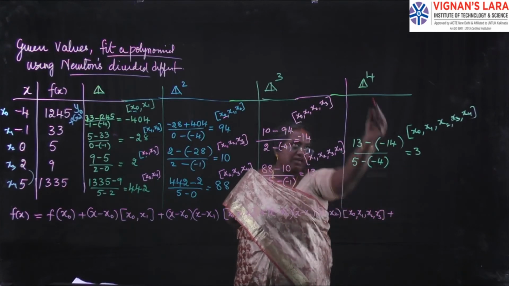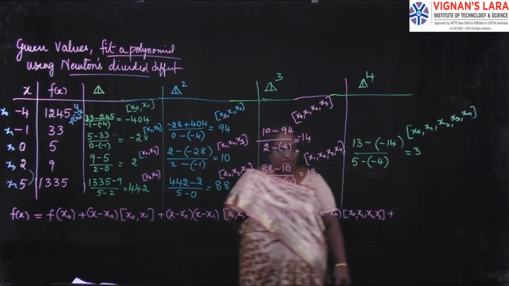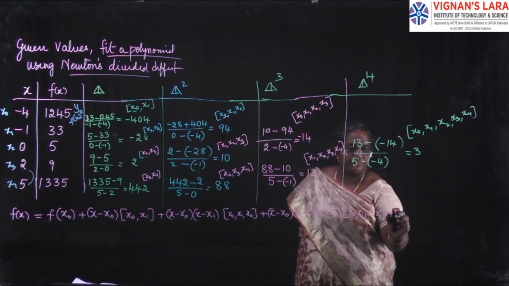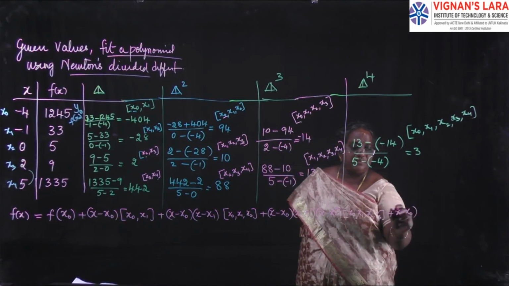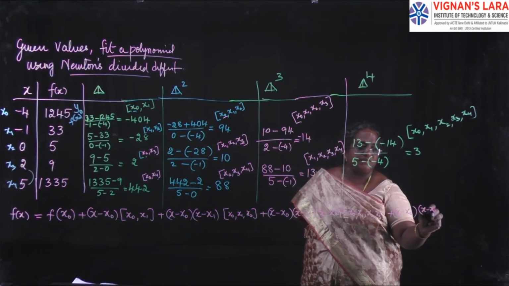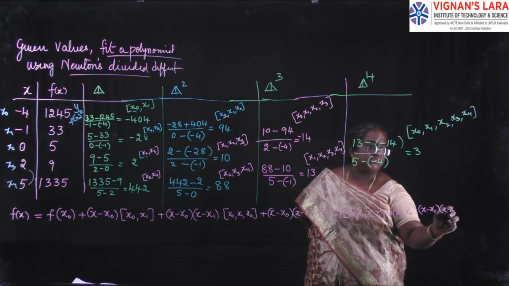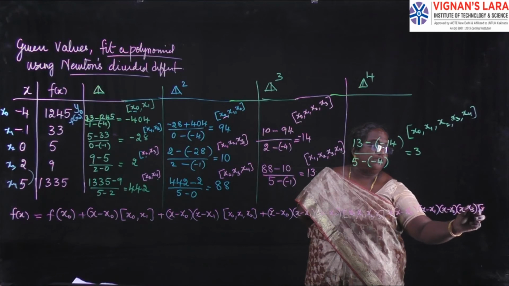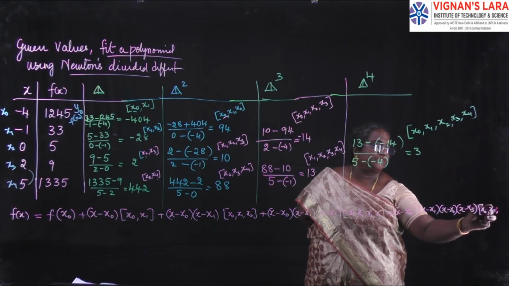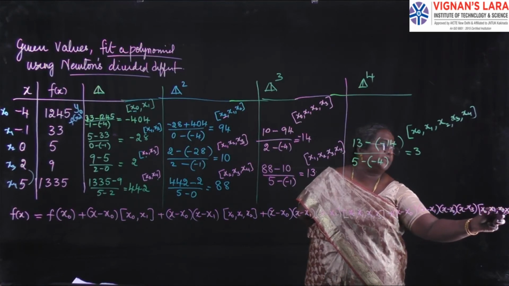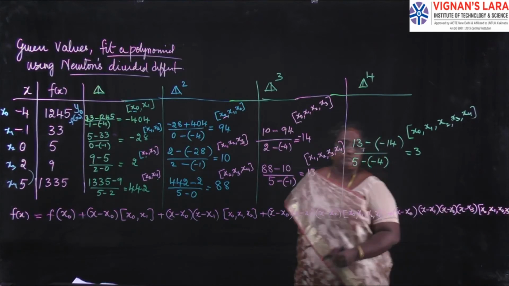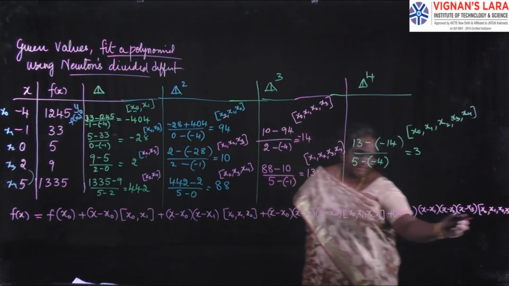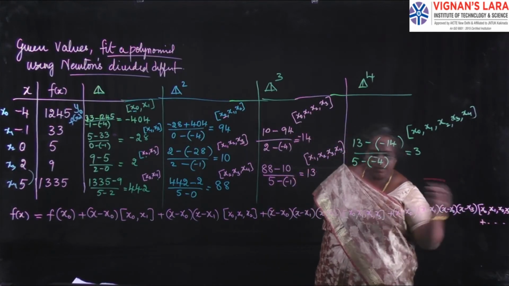Finally, because we have up to the fourth divided difference, we have to write the fourth one also: x minus x0, x minus x1, x minus x2, x minus x3, and the fourth divided difference of x0, x1, x2, x3, x4, plus so on.